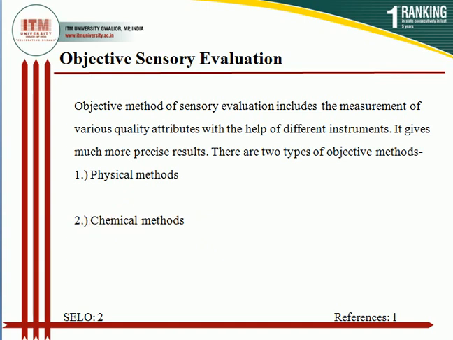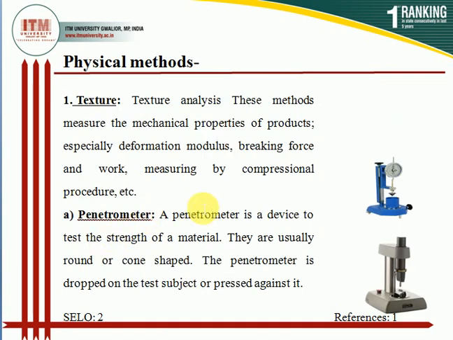Now come to the physical methods, like instrumental methods. There are different instruments that can be used for further analysis of food. First, for texture. For analysis of texture property, we may use different instruments.